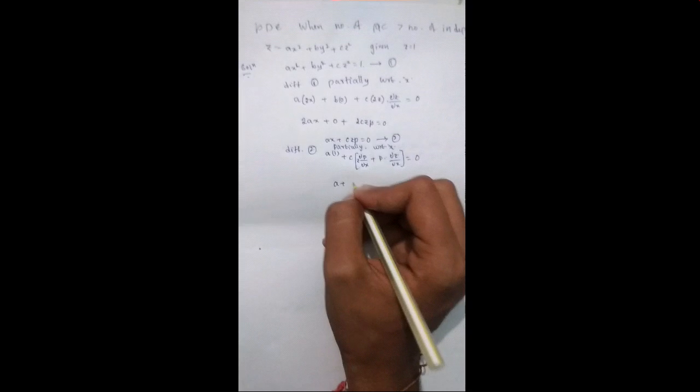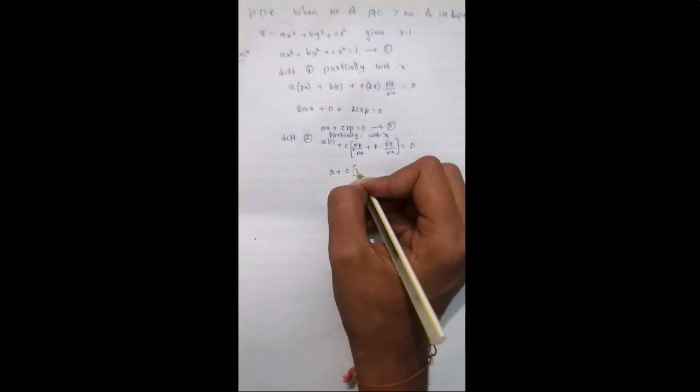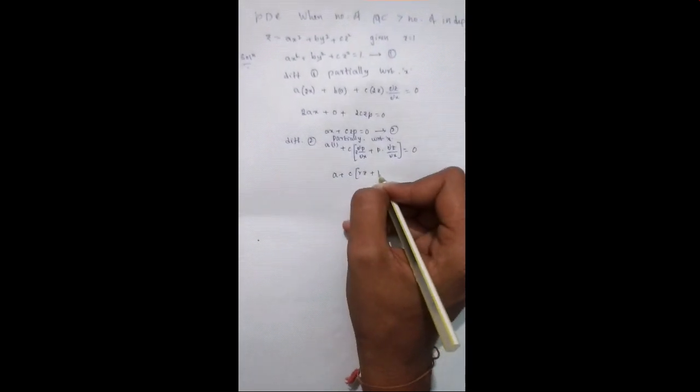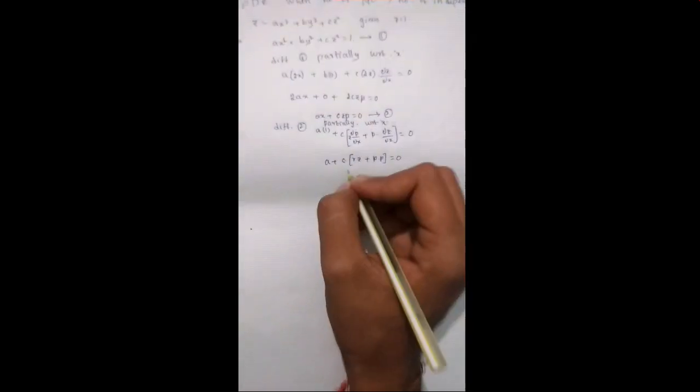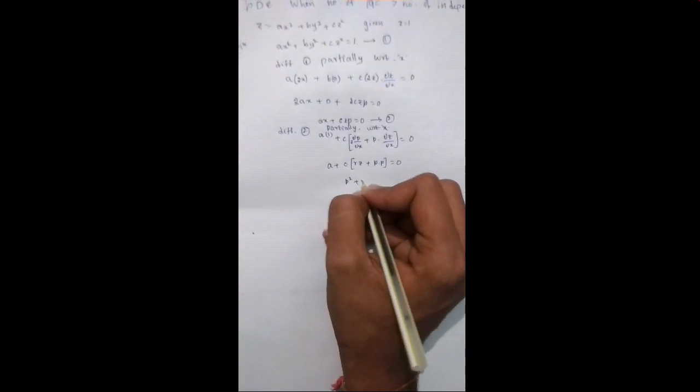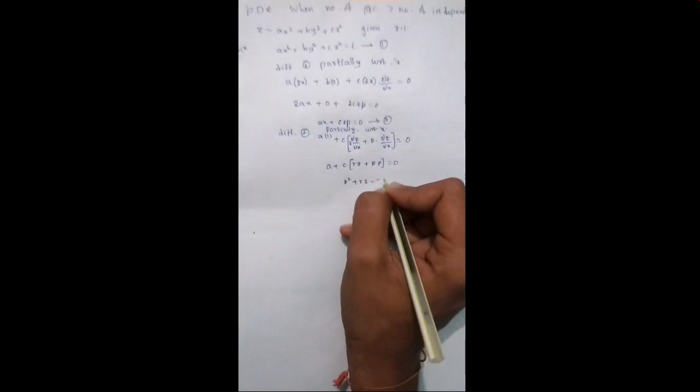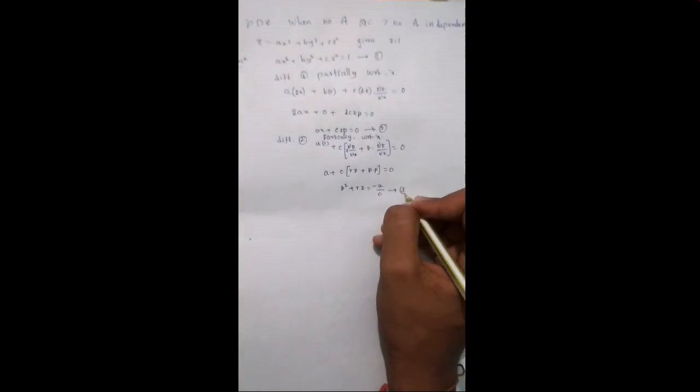It is a + c(z ∂p/∂x + p ∂z/∂x). ∂p/∂x is nothing but ∂²z/∂x², that is r. So a + c(rz + p·p) = 0. Hence p² + rz = −a/c. Let it be equation 3.